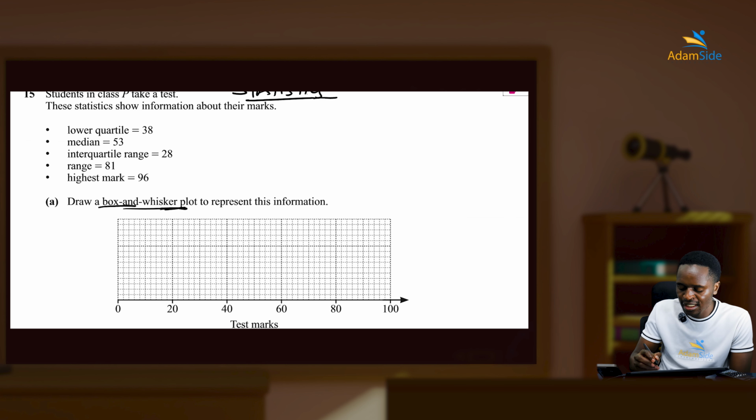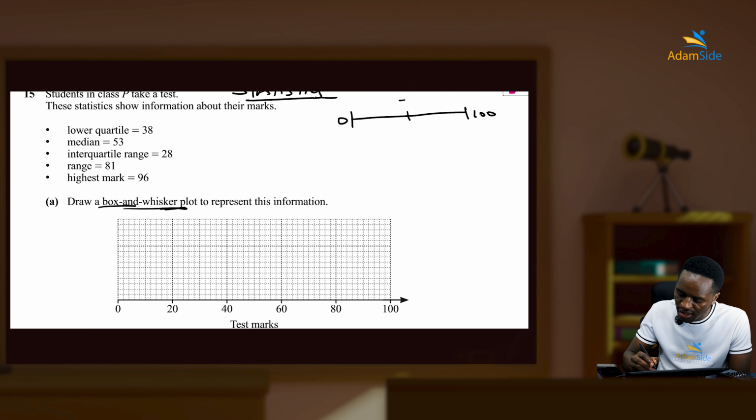I think in 2025 they might have taken this unit into grade 12 level. It has been pushed forward, but we have to understand interquartile range. If you have numbers from 0 to 100, the median will be 50. This is Q2, the median.